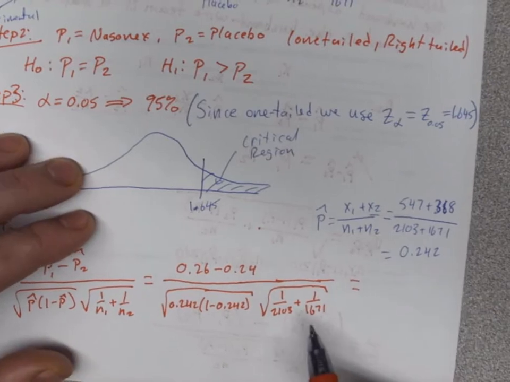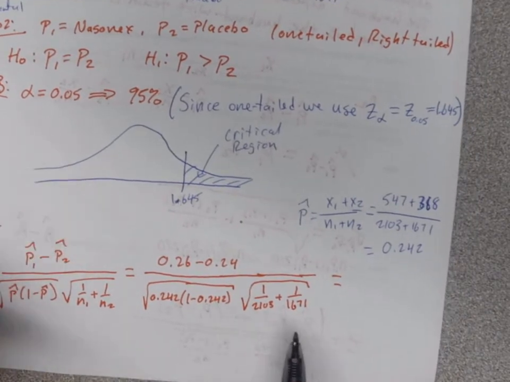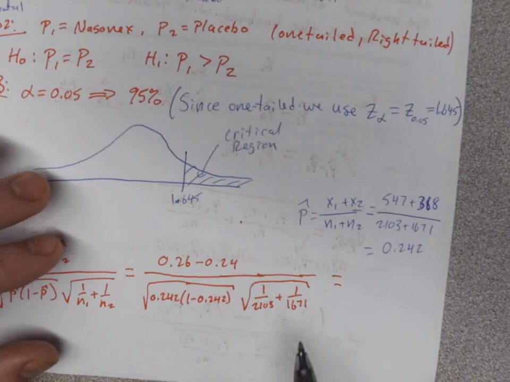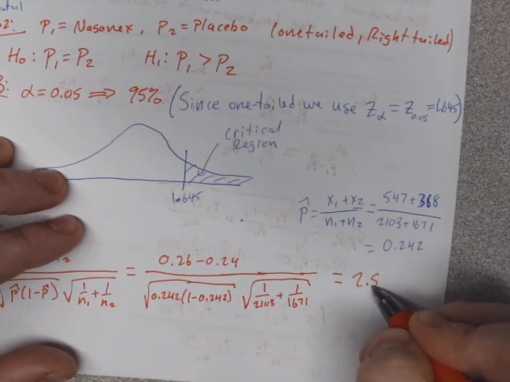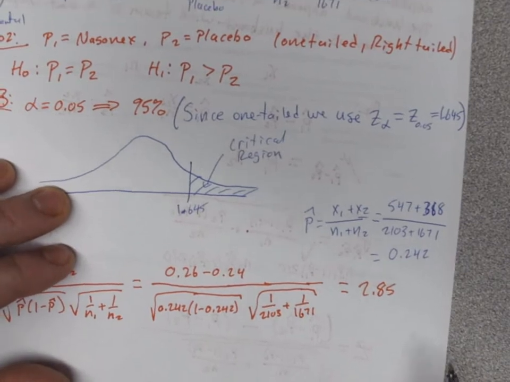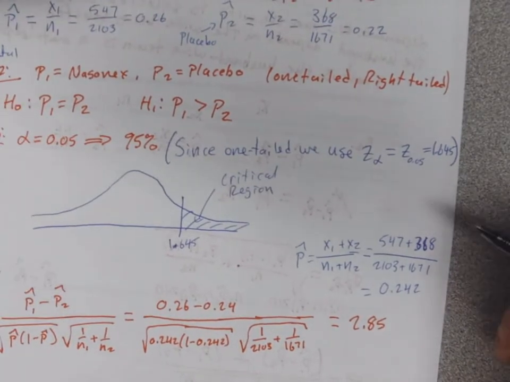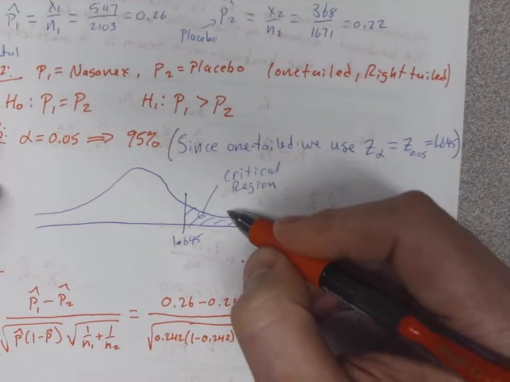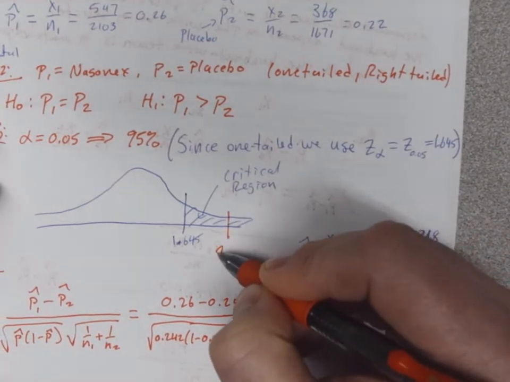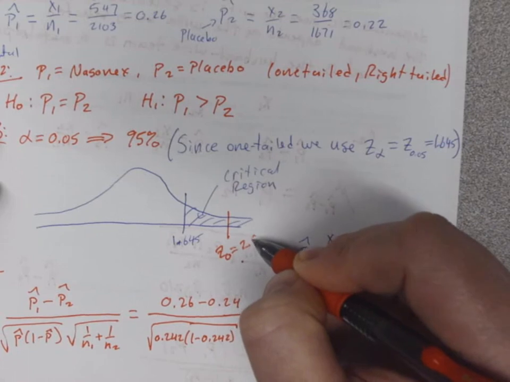If you were to plug this in the calculator, just take it step at a time, because this can get pretty hairy. But when you do this, you get 2.85. So what that's saying is our test statistic is 2.85. So we come up here and we say, here is Z naught equal to 2.85.